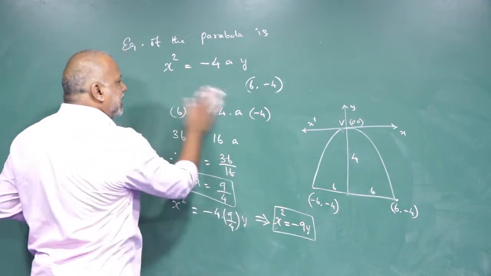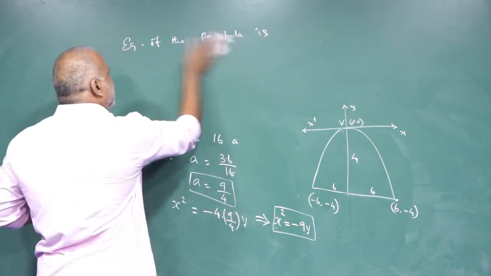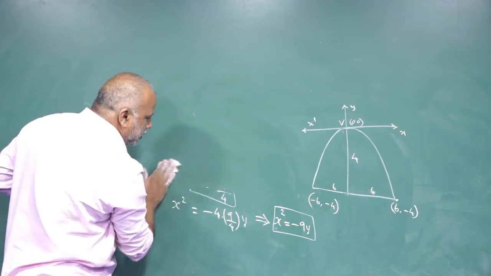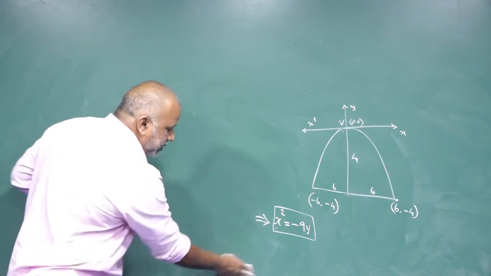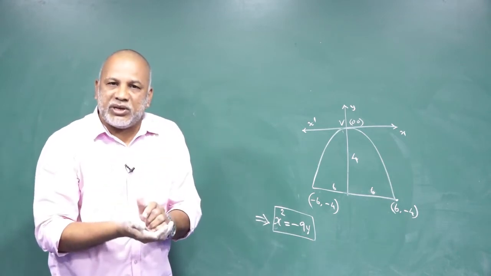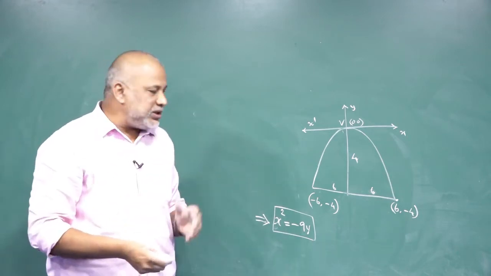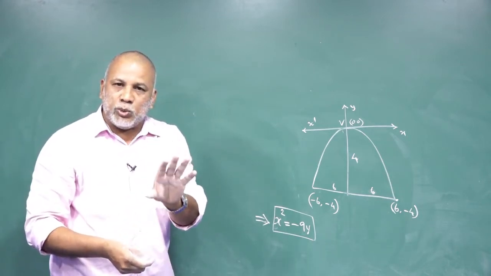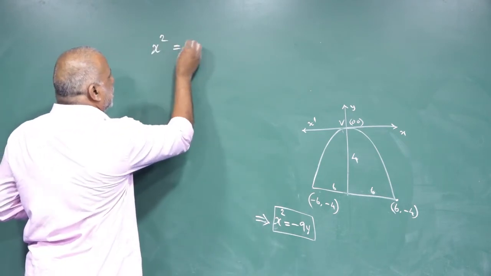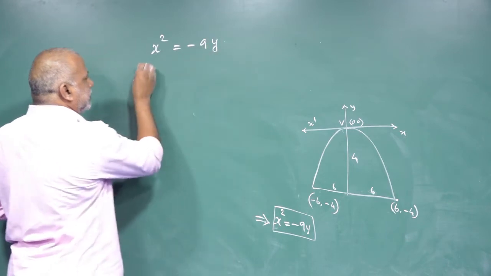In your 11th standard itself, you know the differentiation concept. We have to find the dy by dx. After finding dy by dx, you are able to substitute the point and get the slope. Now listen, x squared equal to minus 9y.